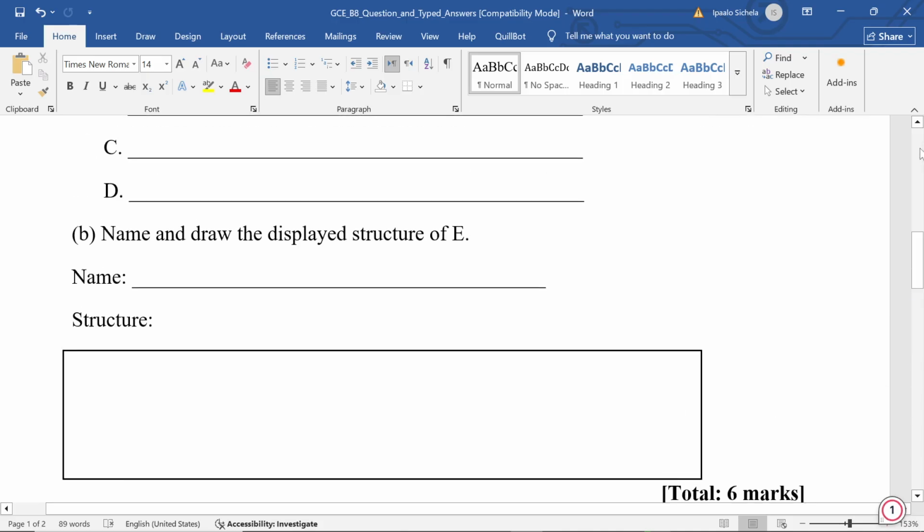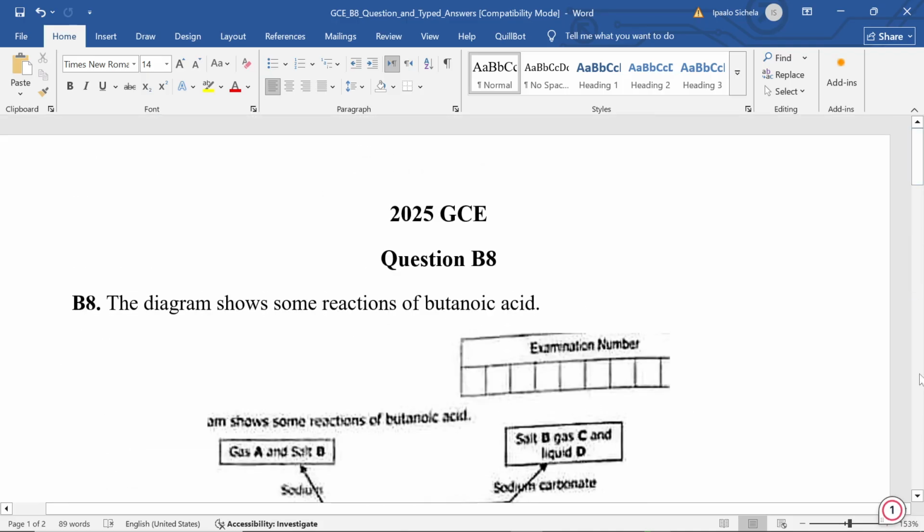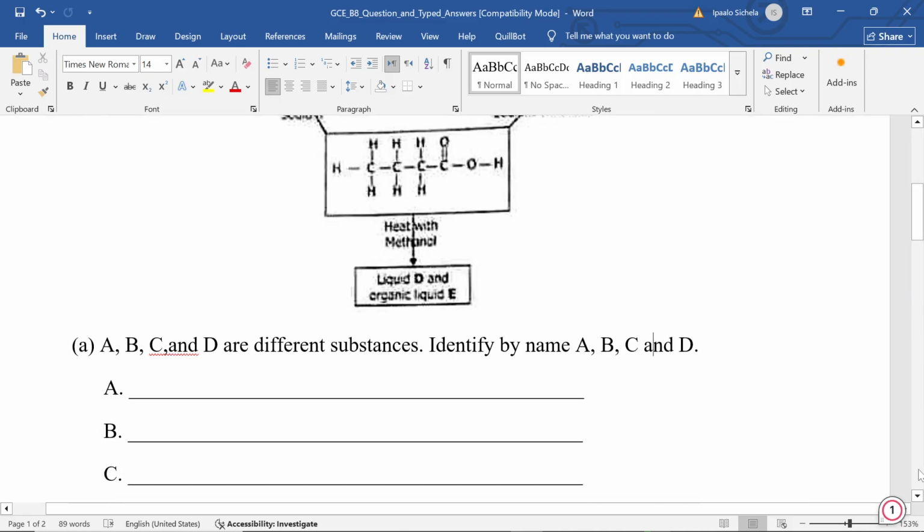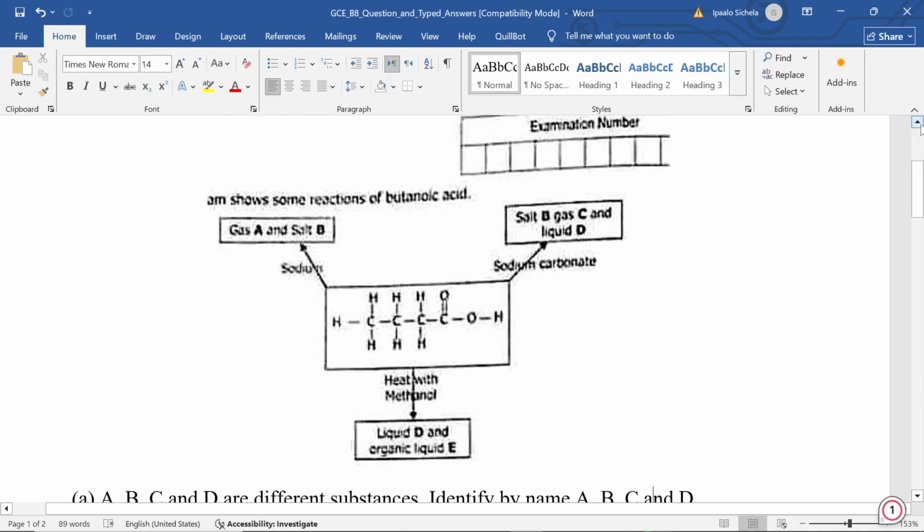Then we look for C and D. What are the substances C and D? Butanoic acid is reacting with sodium carbonate to form salt B, gas C, and liquid D. Butanoic acid is an acid and sodium carbonate is a carbonate.